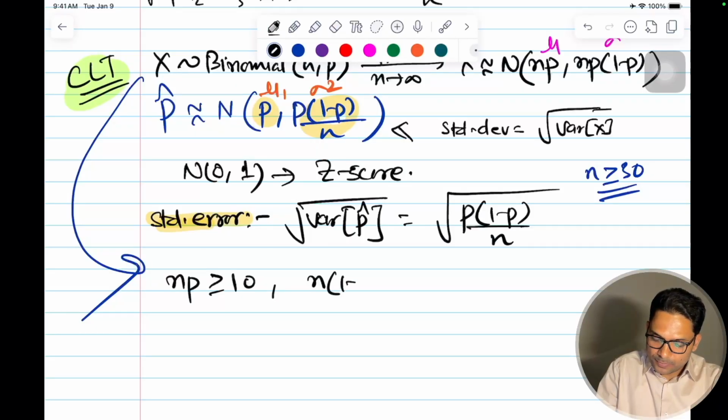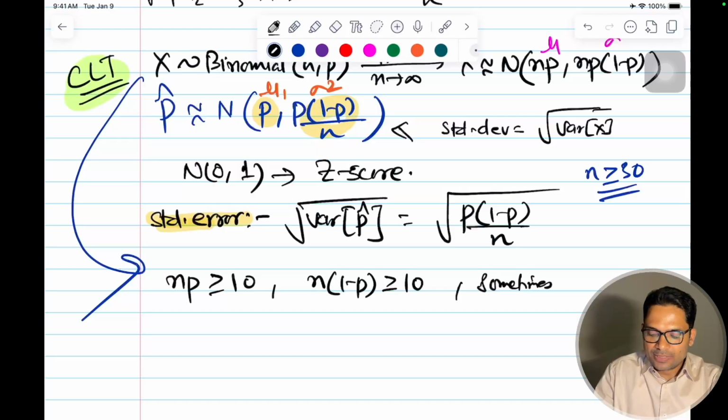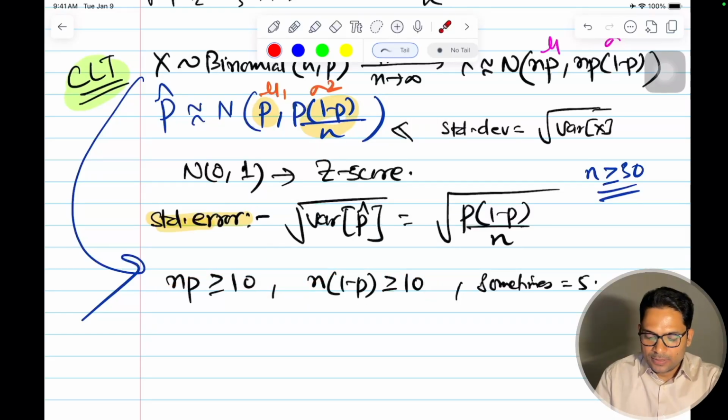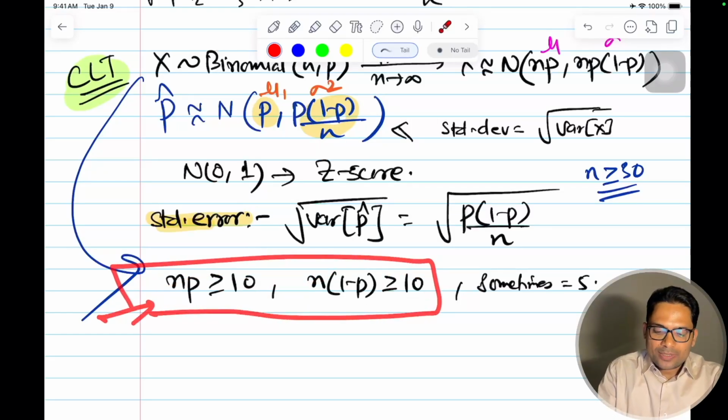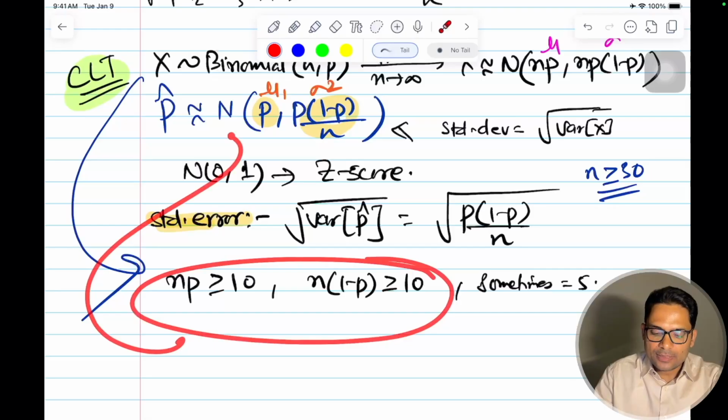Sometimes it's even 5, but we take 10. So this is what counts as good enough: the sample size is large, and beyond this it can be approximated as normal.